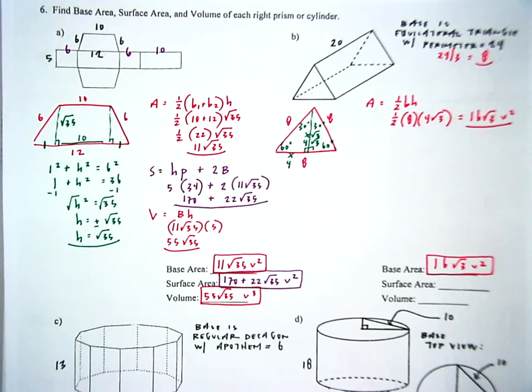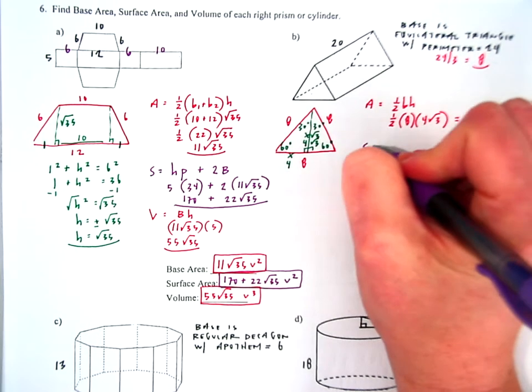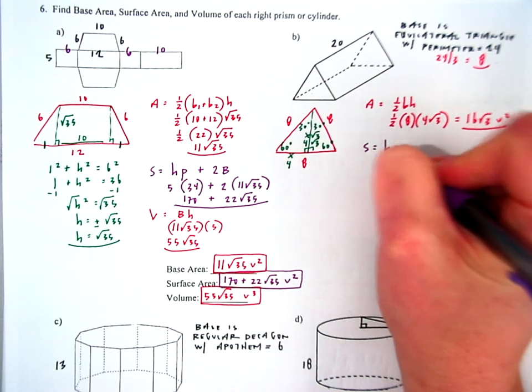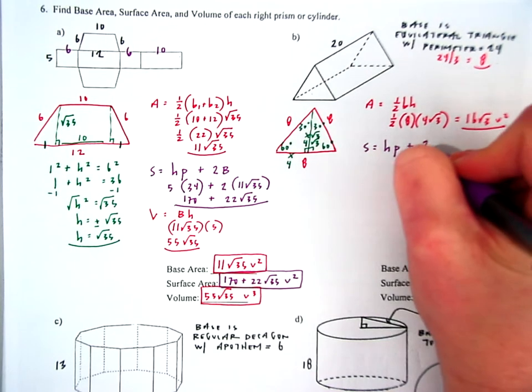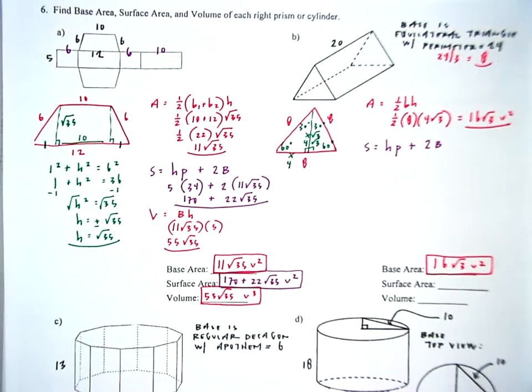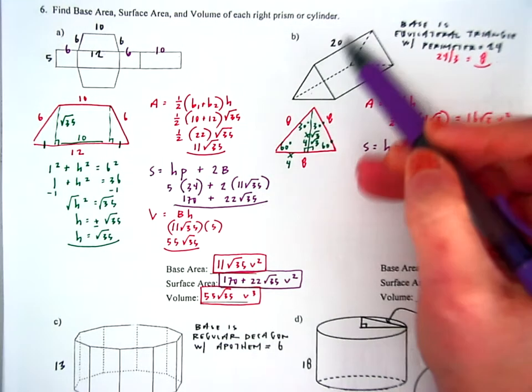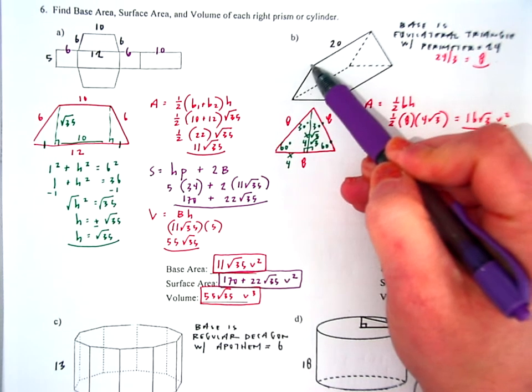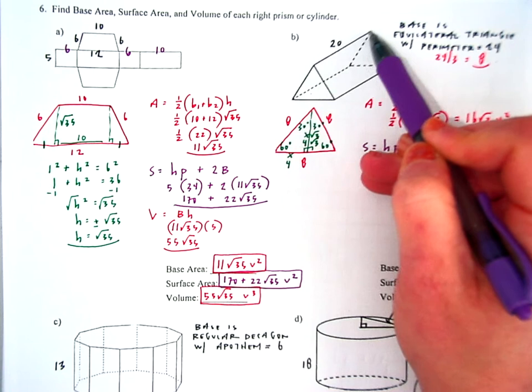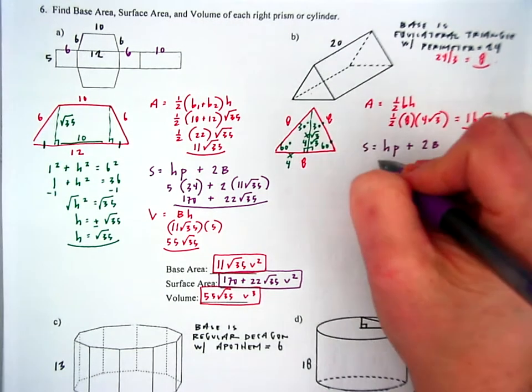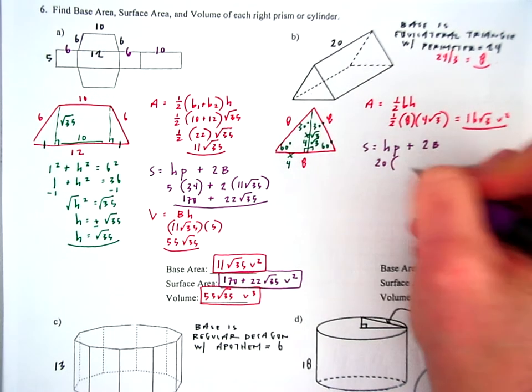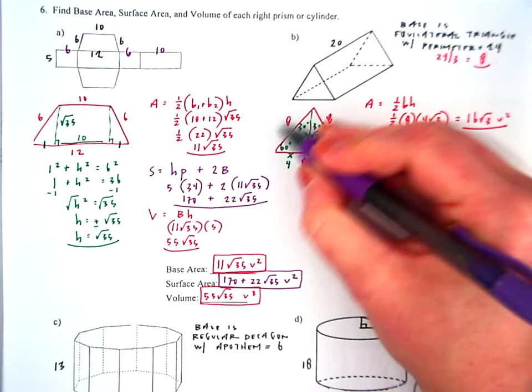Surface area next. Height of the prism, perimeter of the base, plus the two base areas. So height of the prism, right, that perpendicular segment here that would connect base to base, that would be the 20. So height of the prism is 20, perimeter of the base, 24.